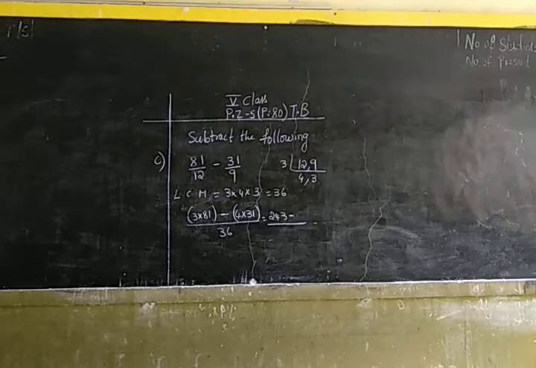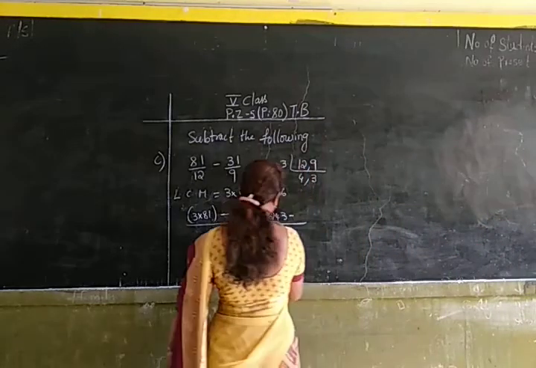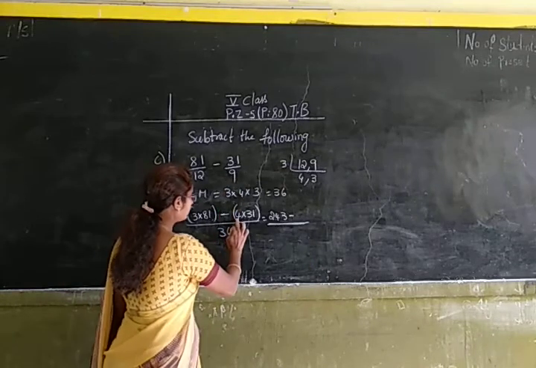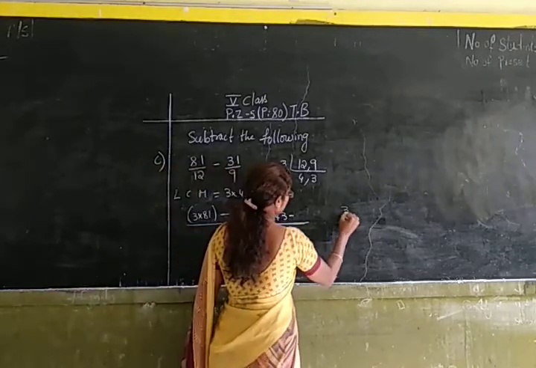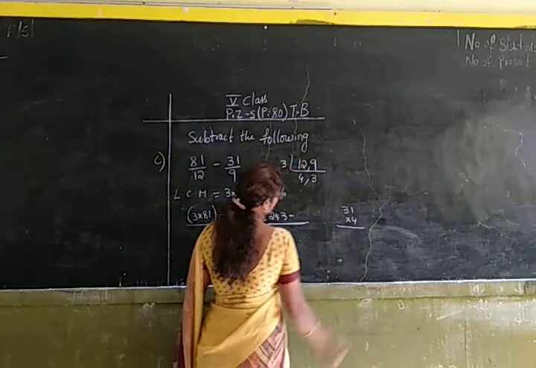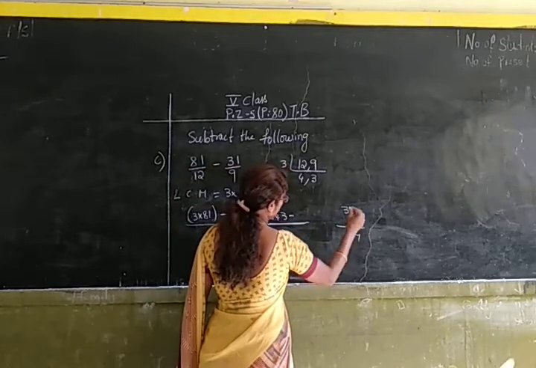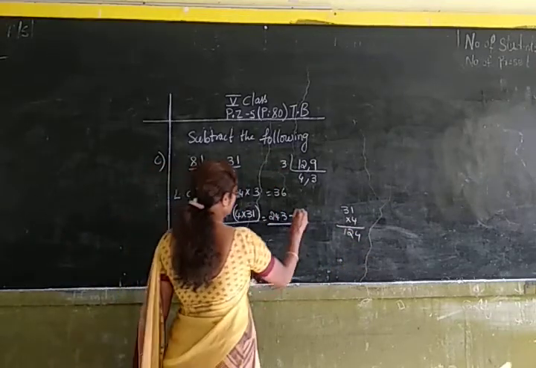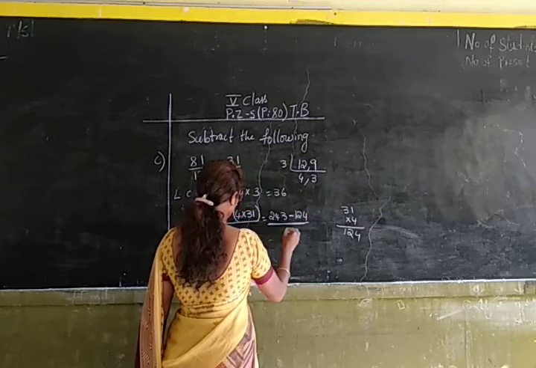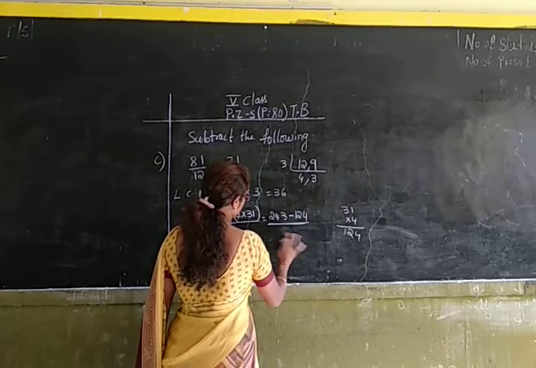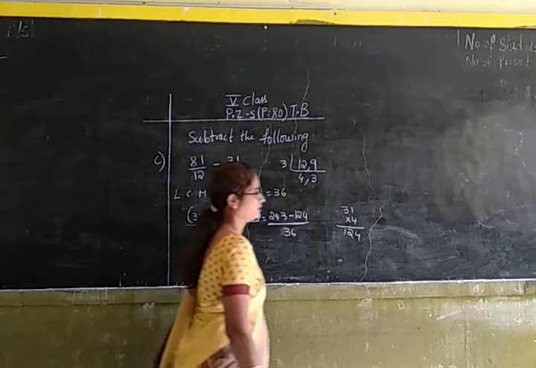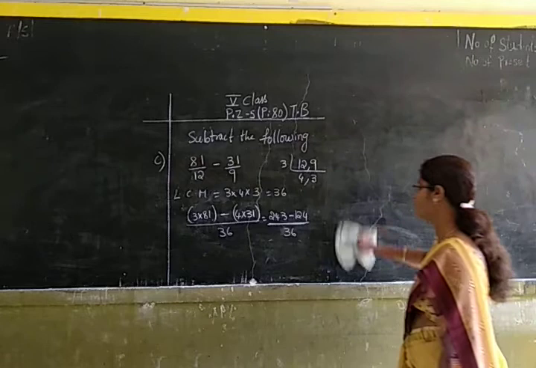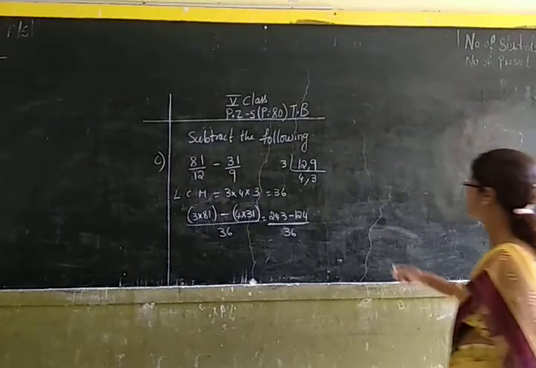Now let us multiply 4 with 31. Sorry children. 1 4s are 4, 4 3s are 12. So the answer is 124 by 36. Now let us subtract 124 from 243.